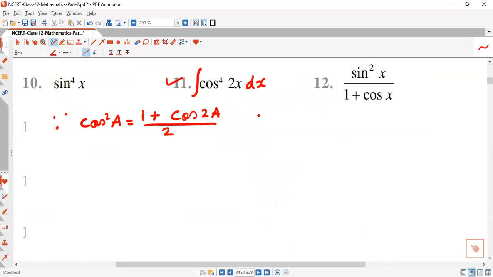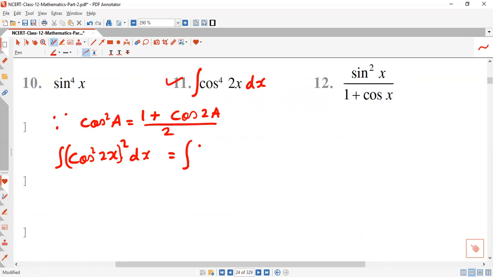First, this integration becomes what? Cos square 2x, whole square, we write down here, dx. Apply the formula here.